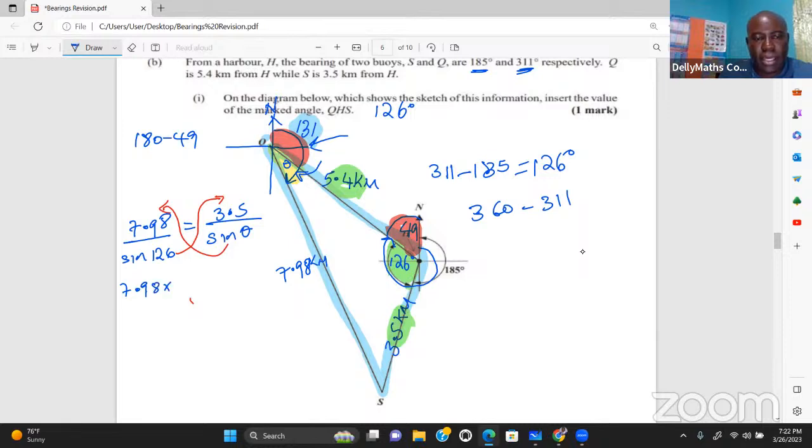So 7.98 times sine of the angle is equal to 3.5 times sine of 126. Remember, I need to find this, so I'm going to divide both sides by 7.98.